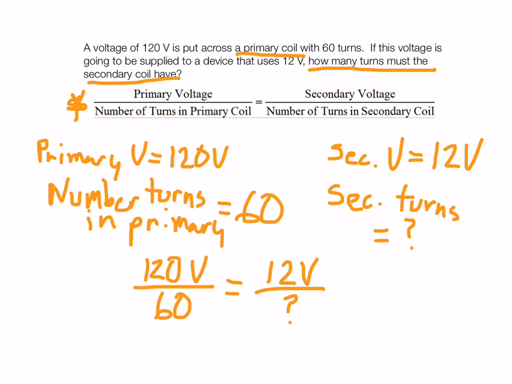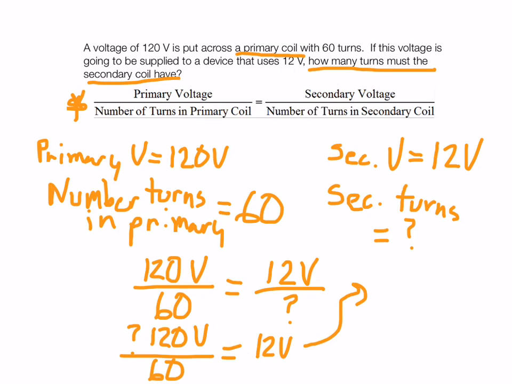To do this, we'll have to multiply both sides by the number of turns in the secondary coil. So we're looking for this. Our question mark times 120 volts, all that divided by 60 equals 12 volts. Now, follow the little arrow here, and we'll continue this over on this side.